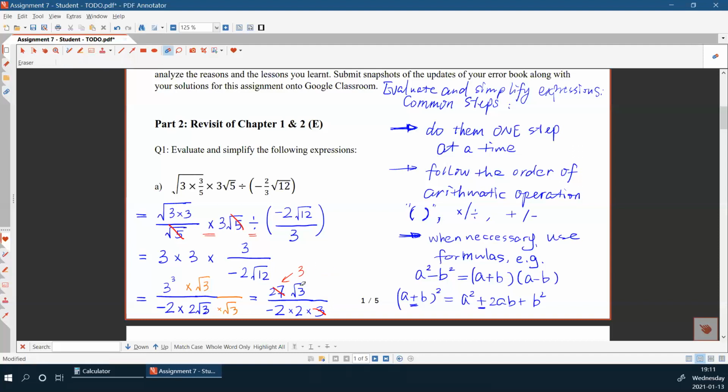That means we divide both the numerator and denominator by 3. So what's left in the numerator is 9 here. So the final result is minus 9 over 4 times square root 3, right? This is the simplest form of this expression.